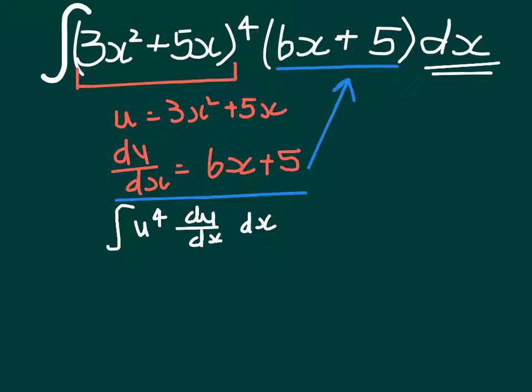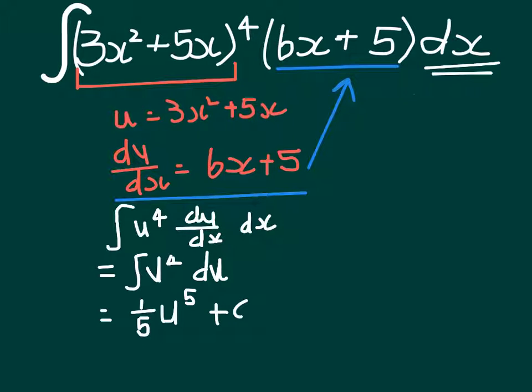So if you look at that, that just means we now have the integral of u to the power 4 du. So let's integrate that. That gives us u to the power 5, a fifth of that, plus c.